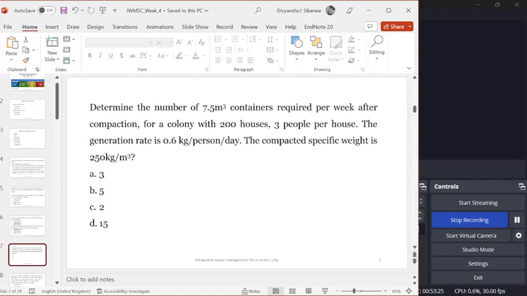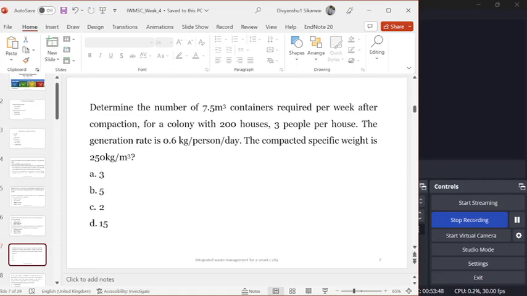So for that, we have 200 houses, so 200 houses into 3 people per house. This will give us a total number of people, which will be around 600 people in a particular colony, and each person is generating 0.6 kgs.